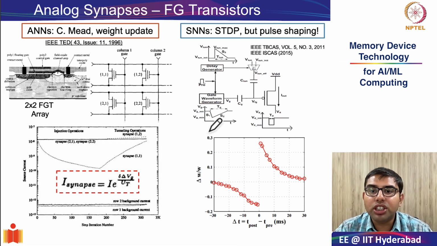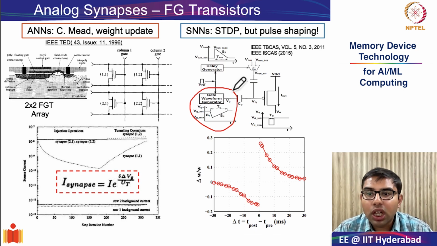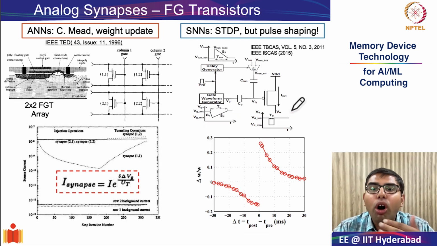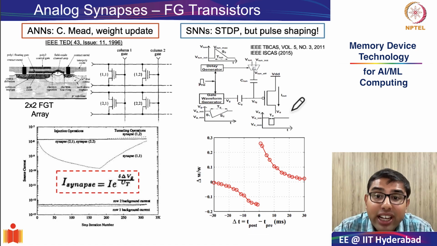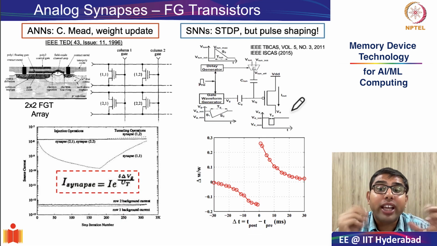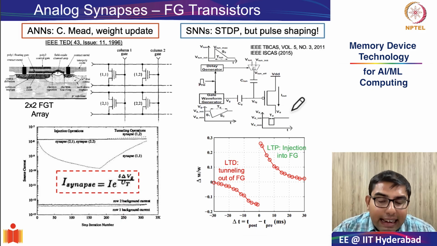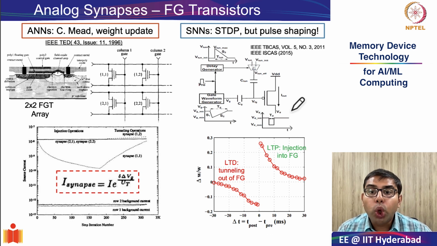So as you can see in the circuit shown over here, when a presynaptic spike occurs, a gate waveform is generated, and when a postsynaptic spike arrives, a drain pulse is produced. The degree of overlap between these two pulses determines what happens inside the floating gate of this particular transistor. If the pre-spike arrives before the post-spike, the overlapping waveforms create an electric field which is strong enough to trigger electron injection into the floating gate.